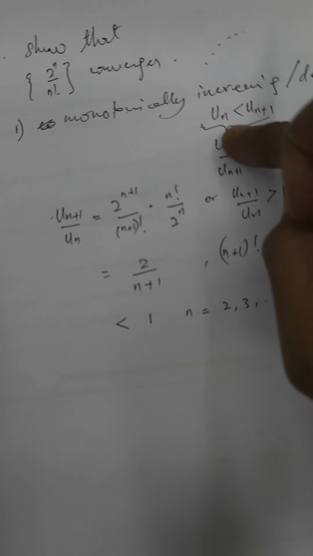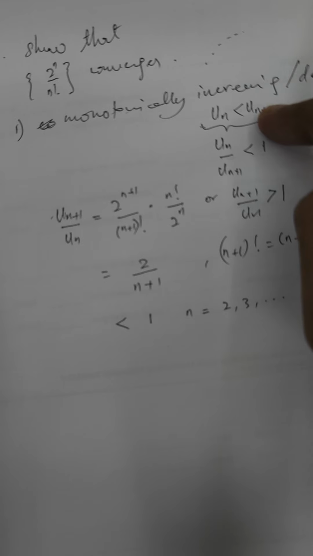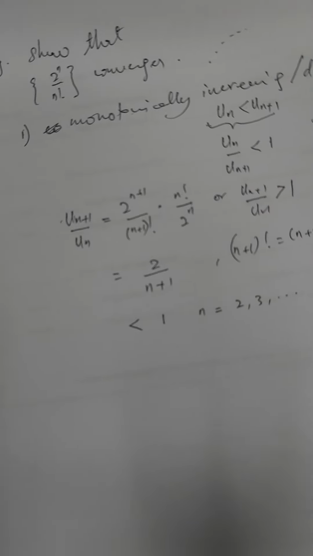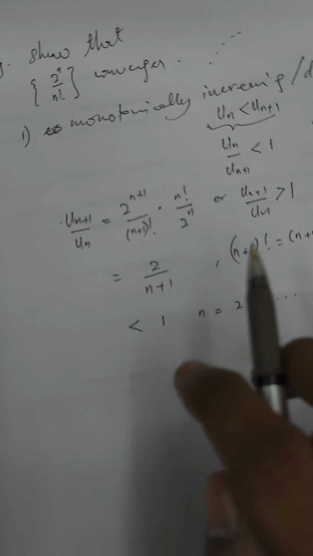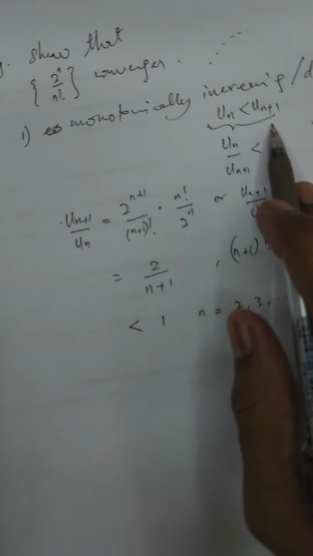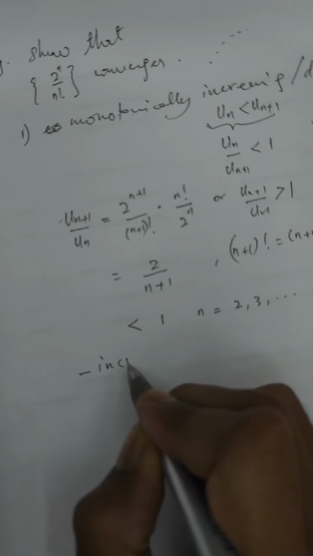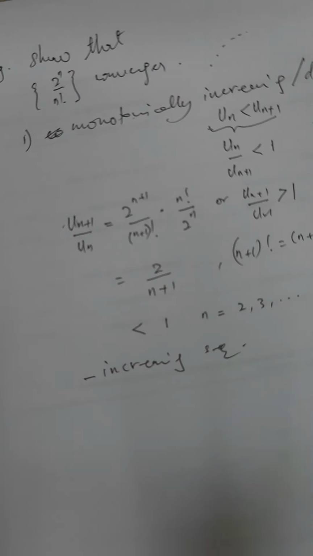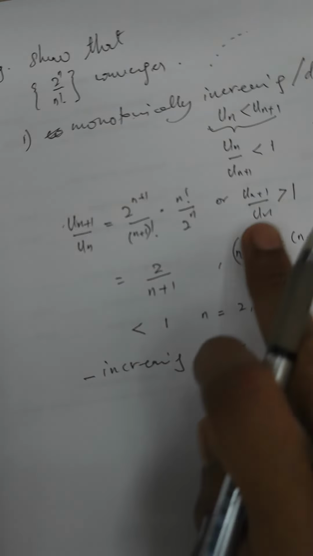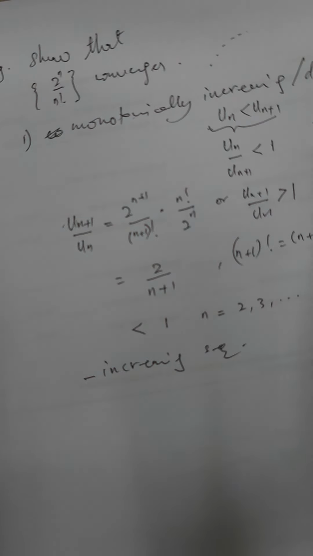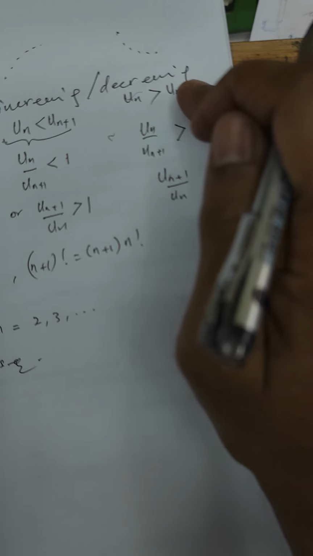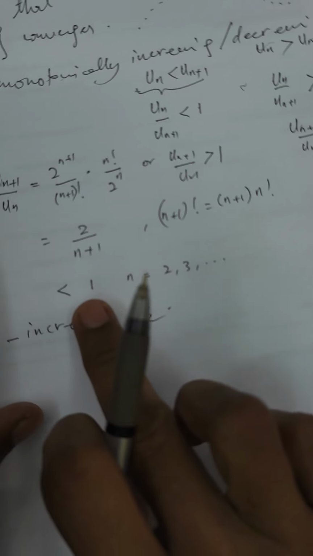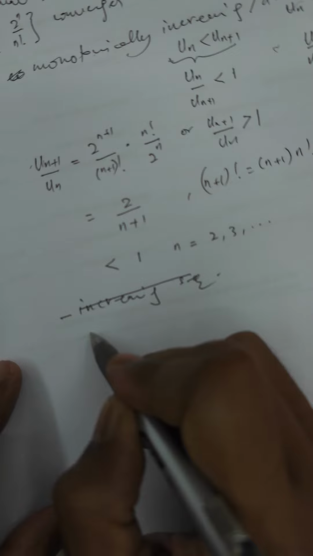No. For this case, u_{n+1} over u_n is less than 1, so this is a decreasing sequence, sorry, a decreasing sequence.